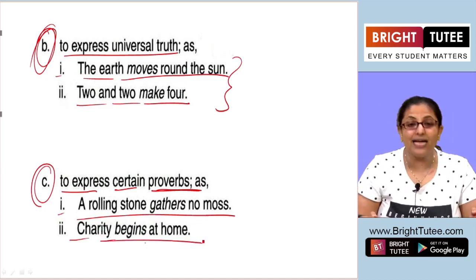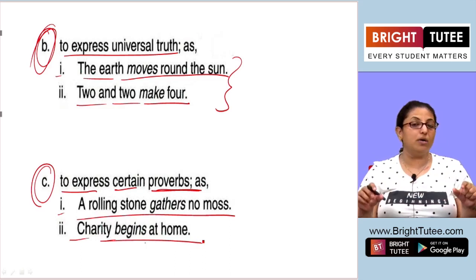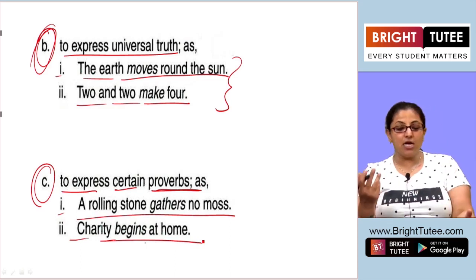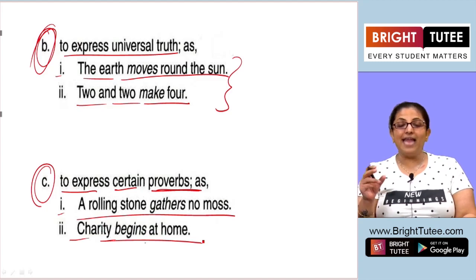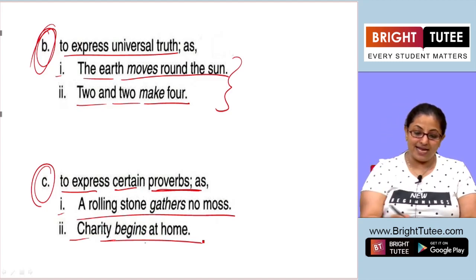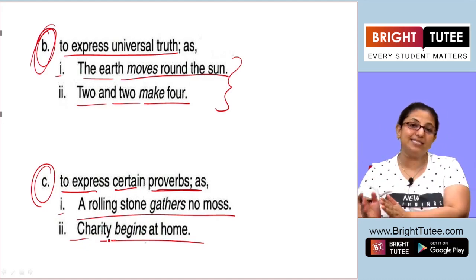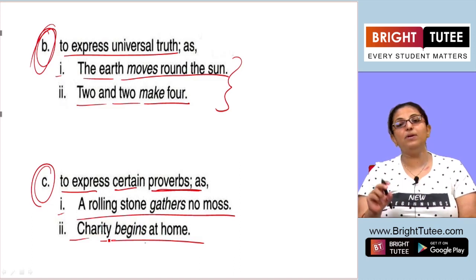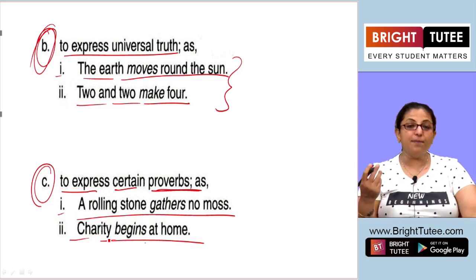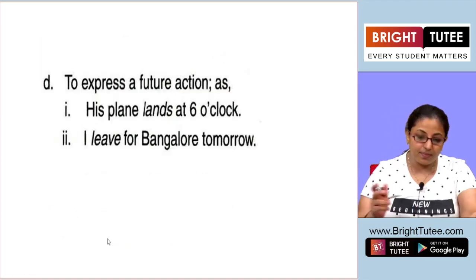Charity begins at home. When we are expressing a proverb, then it is in simple present tense. We cannot say charity began at home. No, charity begins at home. So it is in the simple present tense. Whenever a proverb is to be expressed, it is in the simple present tense.